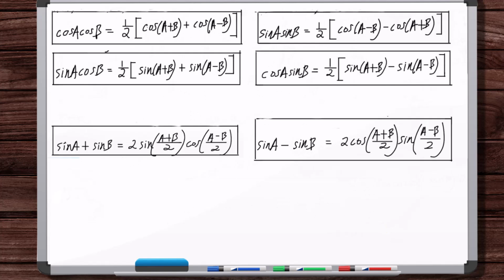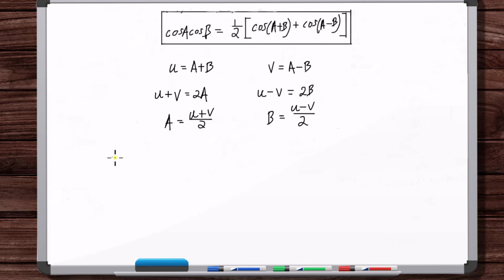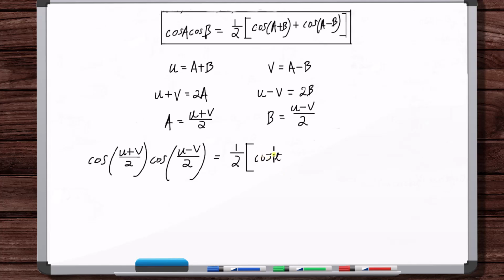Okay, now let's take this cosine A times cosine B. Okay, so cosine of A plus B, that's cosine of U plus cosine of V. All right, so now let's replace U with A and V with B and multiply both sides by 2.